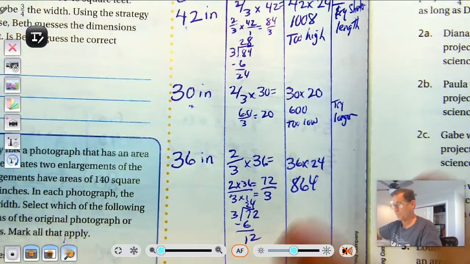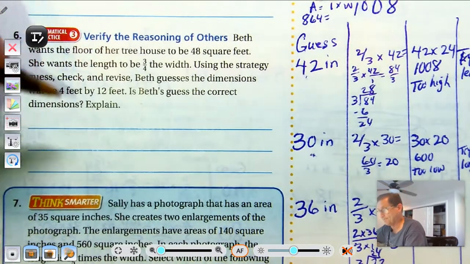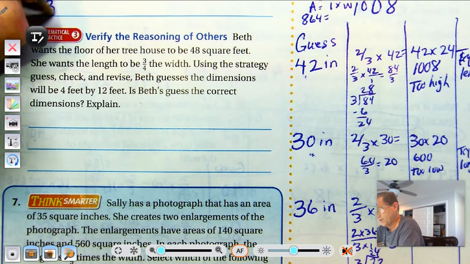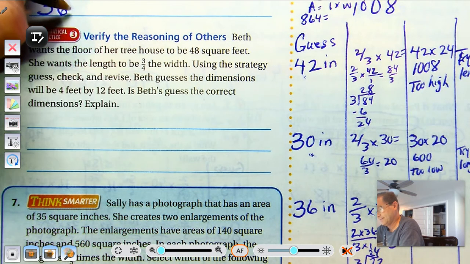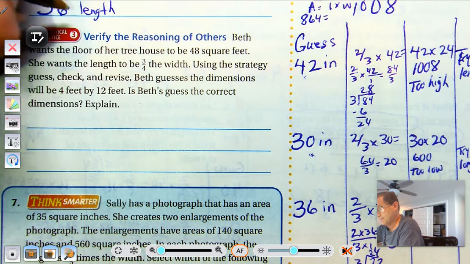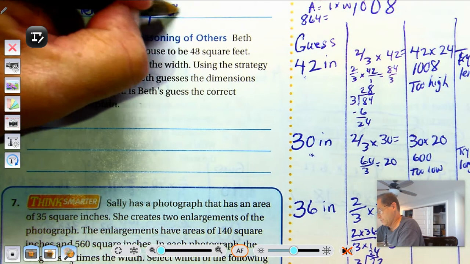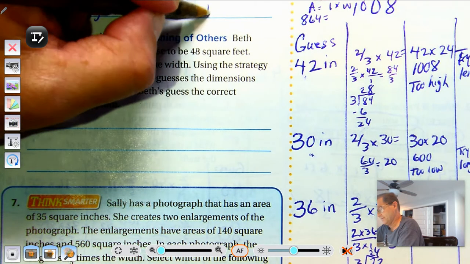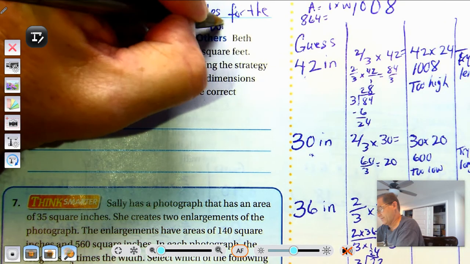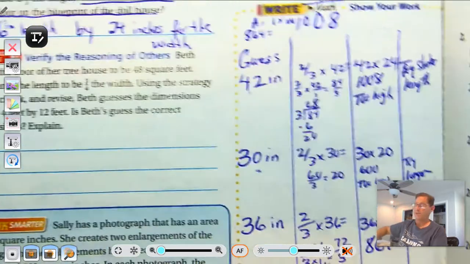All right, so we want a length of 36 inches for the length by 24 inches for the width. (36 by 24).